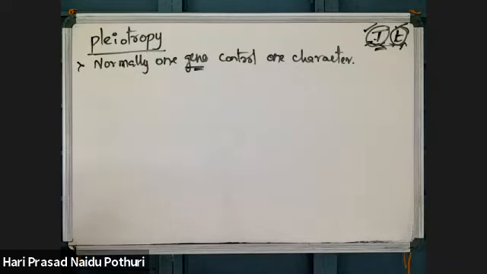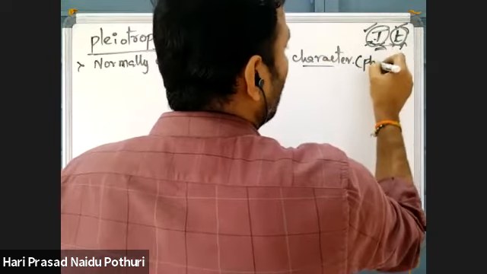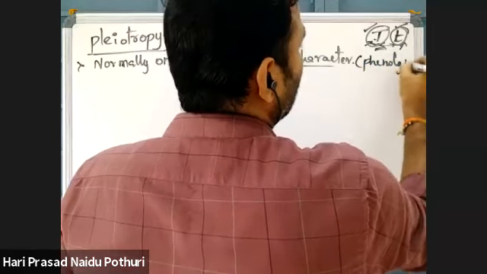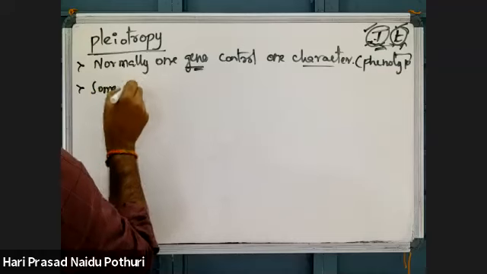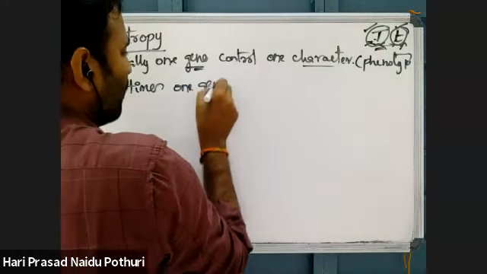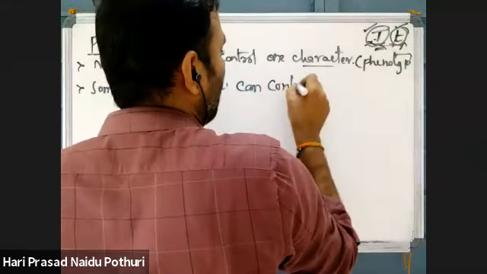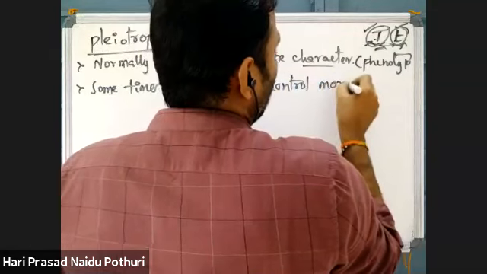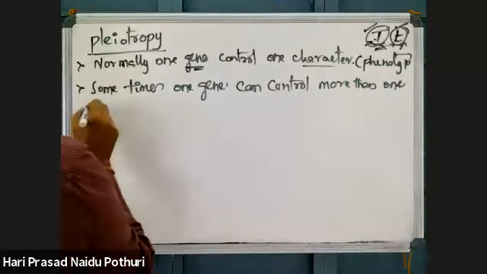Usually one gene controls one phenotype, one character. But sometimes one gene can control or regulate more than one character.